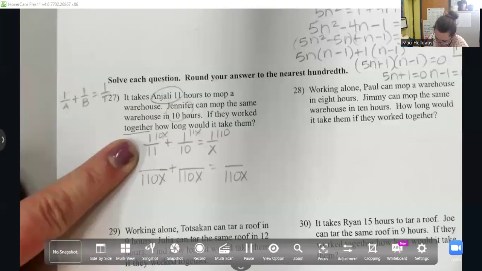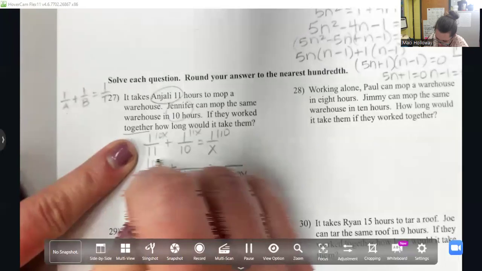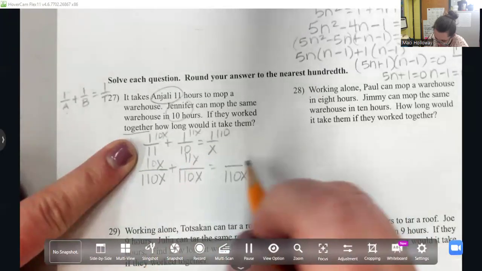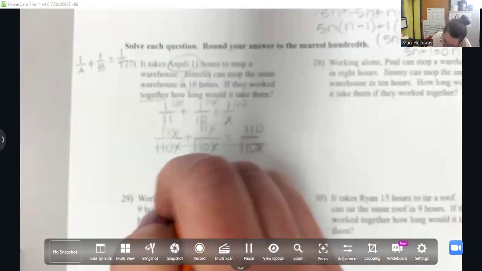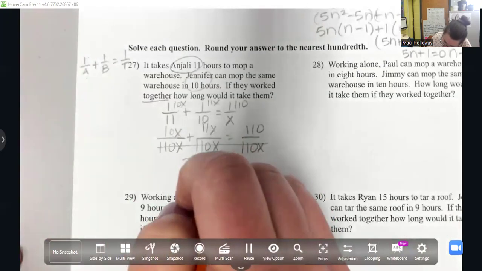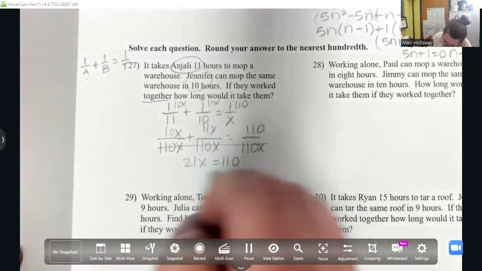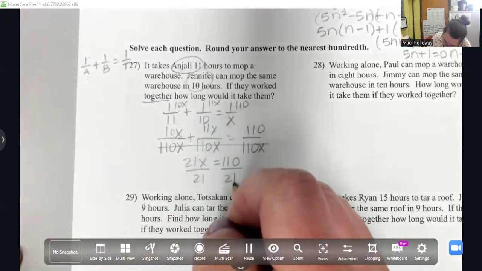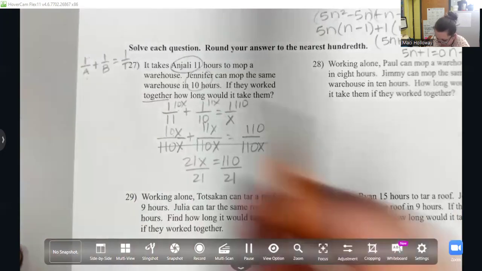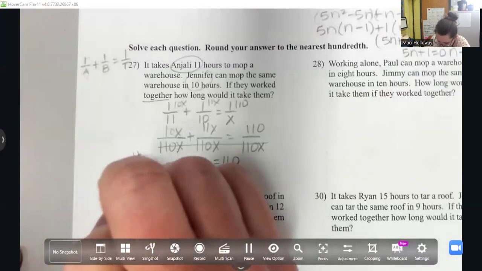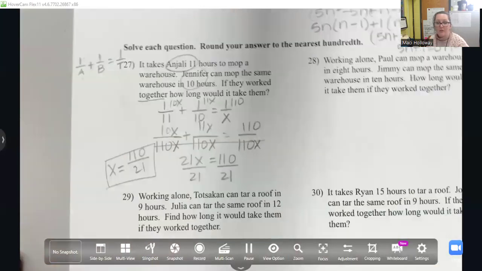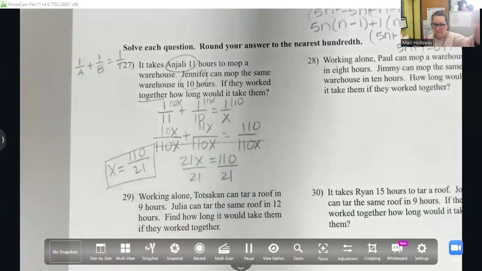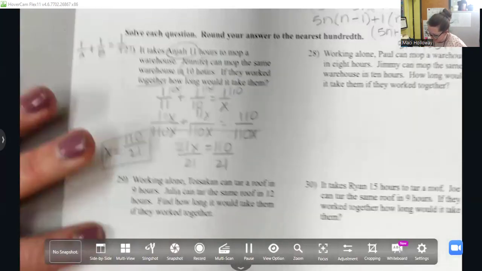So we have 10x, 11x, 110, cancel my denominator, and we get 21x equals 110. So x is 110 divided by 21. On your test, if you leave this like this, it is totally fine. Because you're not going to have a calculator, so let's just let fractions that look gross stay.